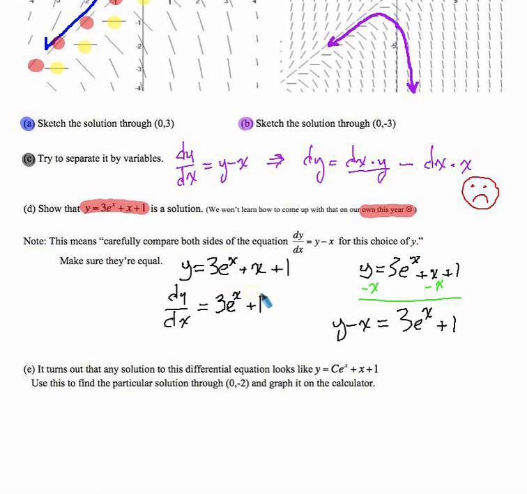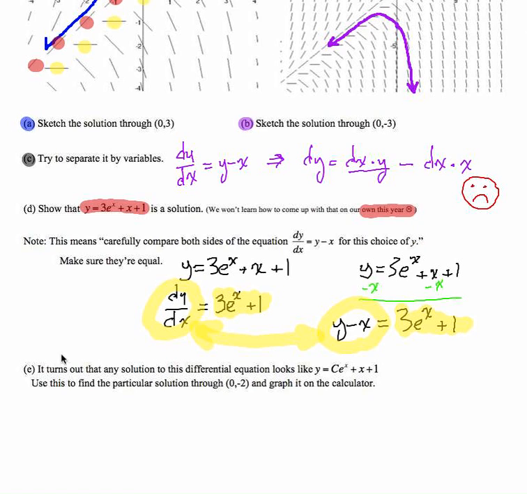When we took the solution we have been given and took the derivative of both sides, we ended up with 3e^x + 1. When we took the solution and subtracted x from both sides, we ended up with that, which must mean that if dy/dx is equal to 3e^x + 1, and y minus x is equal to 3e^x + 1, then these two must be equal to each other. Right? So we've taken the solution and showed that, yes, indeed, that solution works.